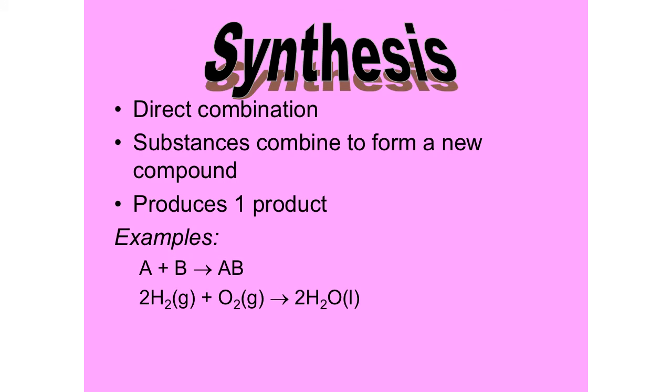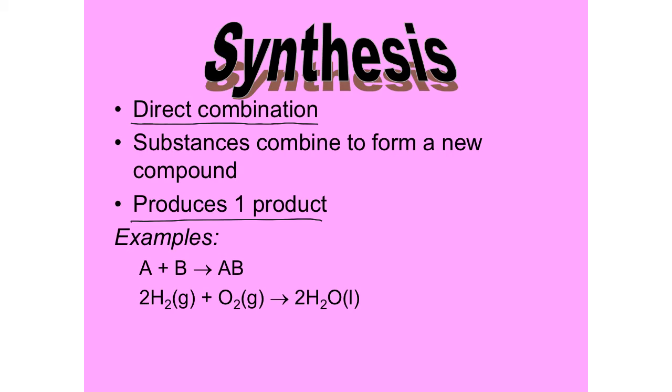In a synthesis reaction, the substances will combine together. So you are always going to start with 2 or more reactants, and they will join together to produce one product.